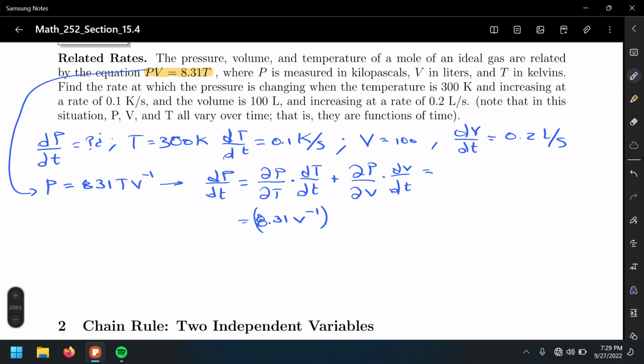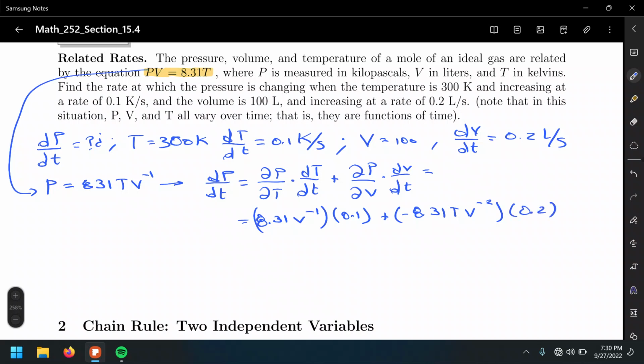That times dT/dt, the change in the temperature with respect to time. But the good thing is it's not an expression, it's just a numerical value, in this case 0.1, plus the partial of the pressure with respect to volume. So in this case, that's going to be negative 8.31 T V to the negative 2 times dV/dt. In this case it is 0.2.